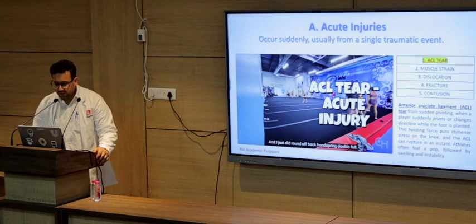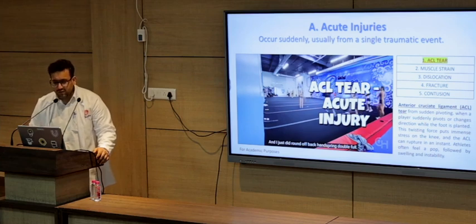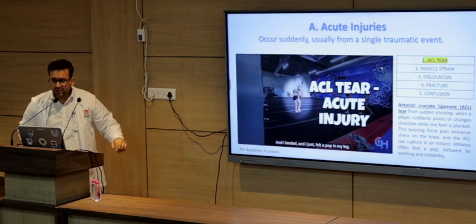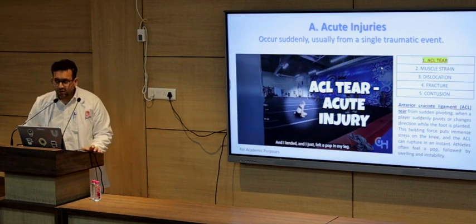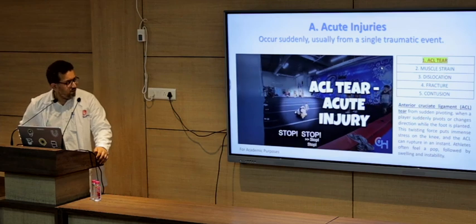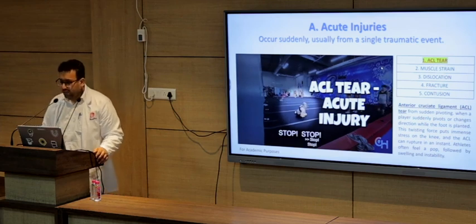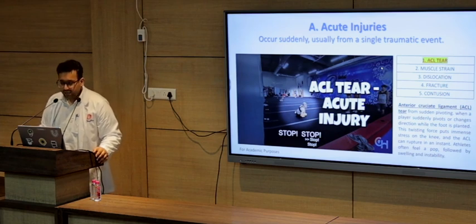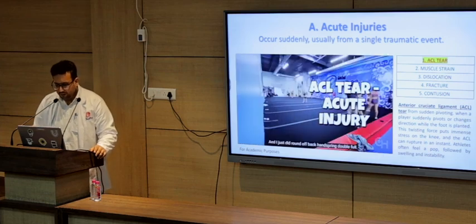Moving on with the discussion, here we have a video of a gymnast who suffered a tear of the anterior cruciate ligament. As she lands, she suddenly hears a pop sound due to the tear, because of sudden twisting and pivoting at the knee as the direction changes, which ruptures the anterior cruciate ligament in an instant. The athlete feels a pop followed by swelling and instability.